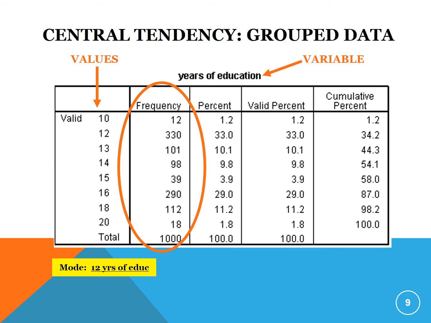So we would already be over the 500 and 501. So somewhere in between, the value 14 for years of education has the 500th observation and the 501st observation. So there's no need to even try to figure out what's in the middle, because they're all the same. 500, 501, even 499 and 502, right? It's all in that observation, the value 14. So our median would also be 14 years of education.